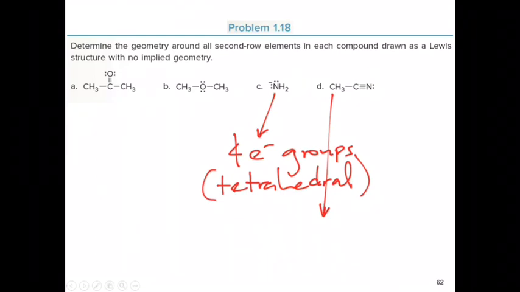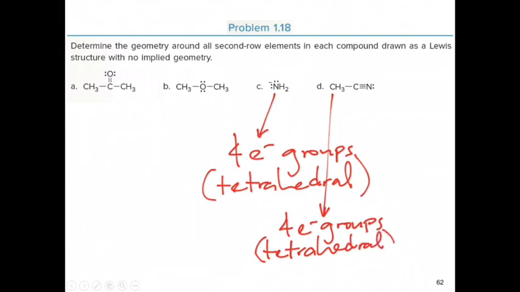So that's a total of 4 electron groups, which also makes it a tetrahedral molecule. This carbon right here has a triple bond and a single bond for a total of 2 electron groups, which makes it linear.